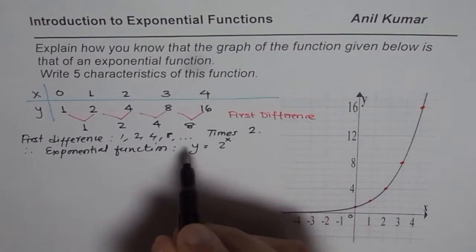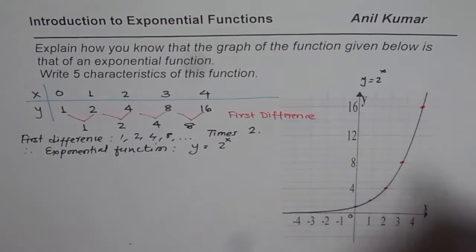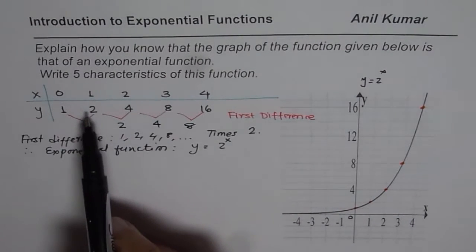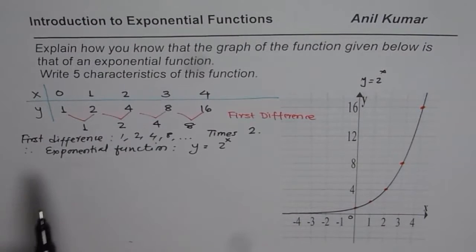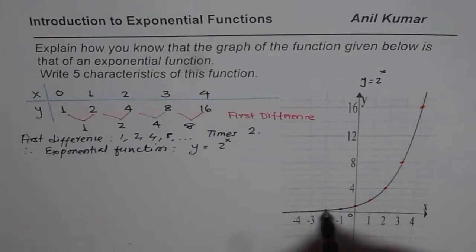And 2 to the power of x is the equation of this function from the graph, right? 2 to the power of 0 is 1, 2 to the power of 1 is 2, 2 to the power of 2 is 4. Likewise, you could also check 2 to the power of minus 1, we are going to get half. 2 to the power of minus 2 will be 1 over 4.